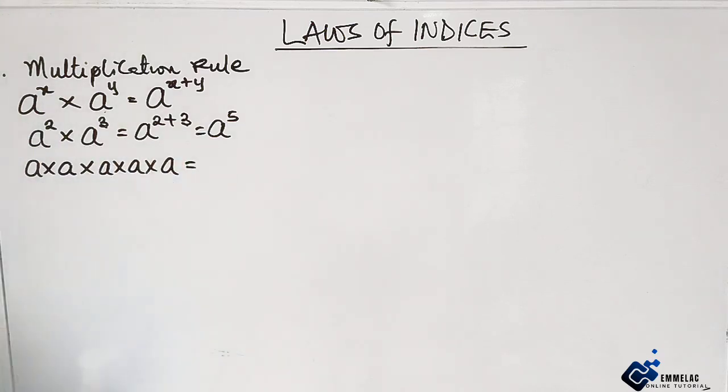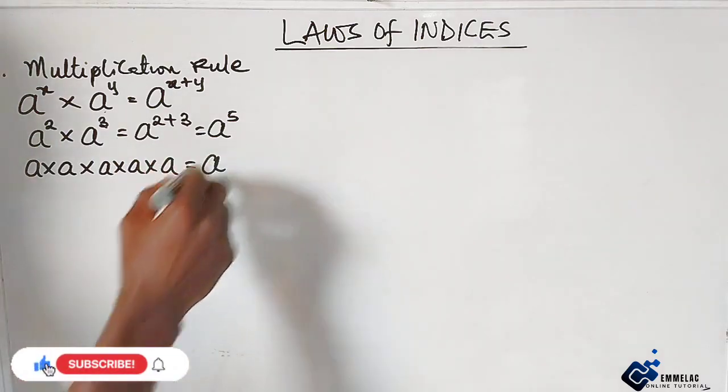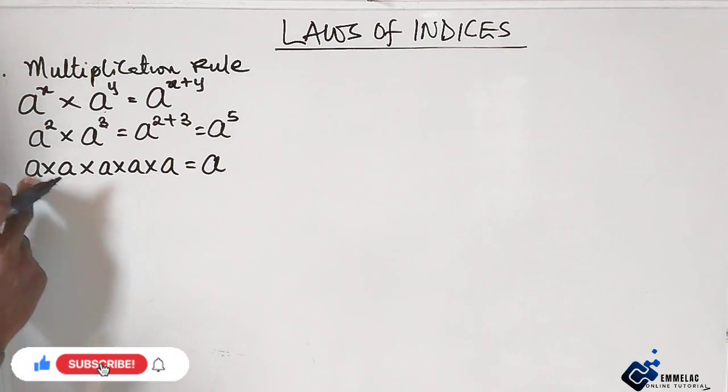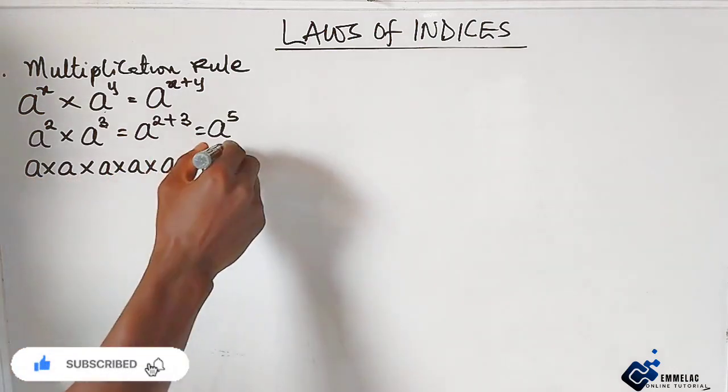Since we have the same base all through, you can just take a, and how many a's are we having? 1, 2, 3, 4, and 5.